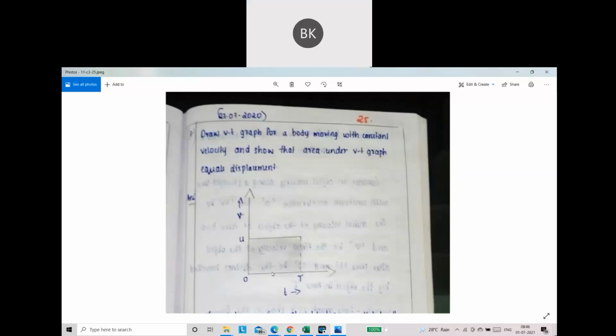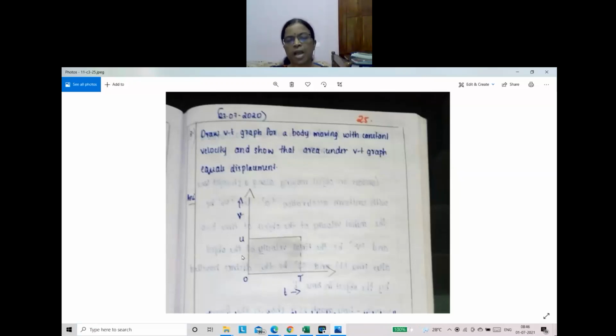And here, 0 to U, that is the velocity. What is velocity into time, children? Length into breadth is velocity into time, U into T. What is velocity into time? Displacement. Yes. So that is what you have to show here.